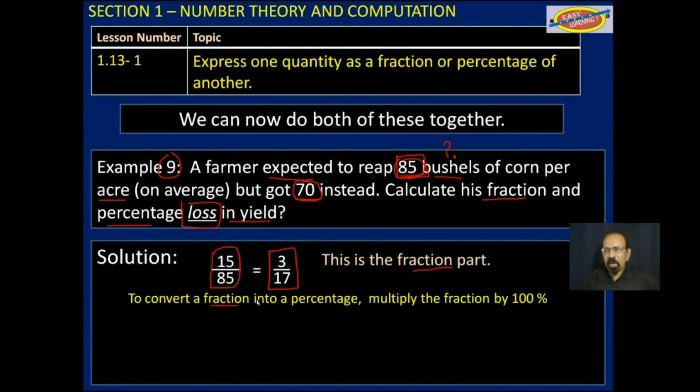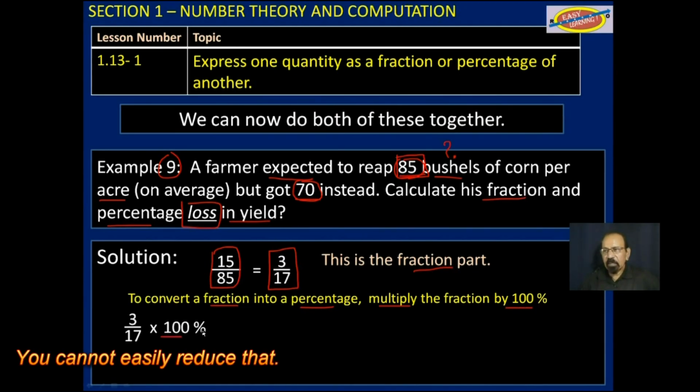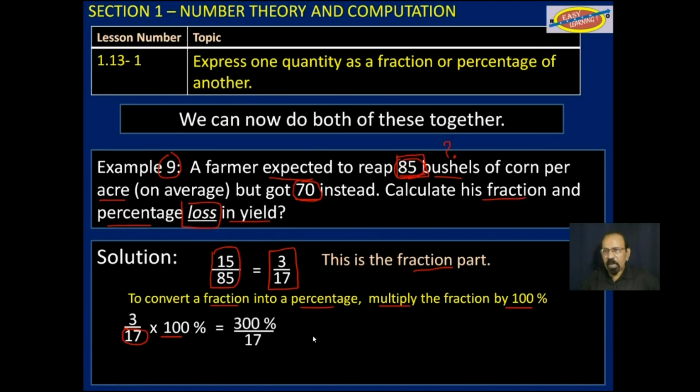Now to convert a fraction into a percentage, multiply by 100. We have said that 9 times now. So 3/17 multiplied by 100, you cannot easily multiply that because this 17 is a prime number. So you end up with 300 over 17. You work that out to the best you can, and to the nearest whole number, you get 18%.